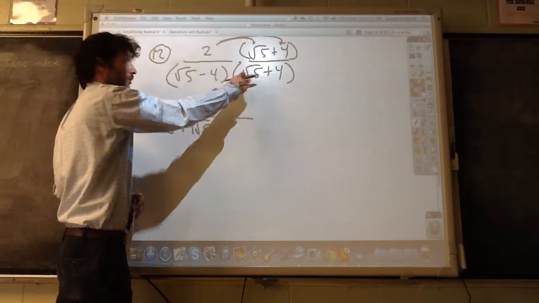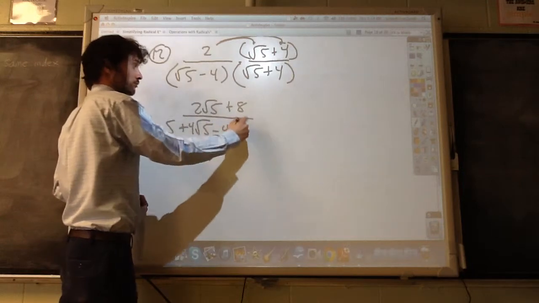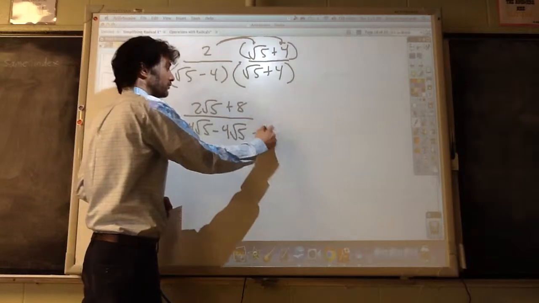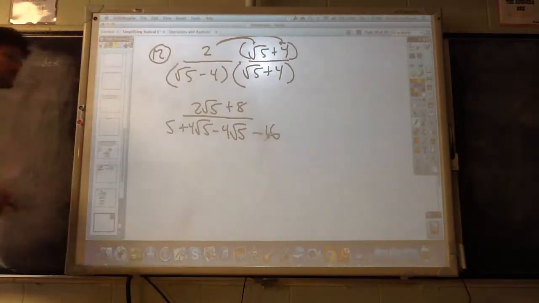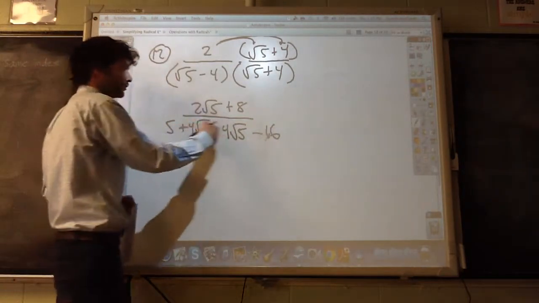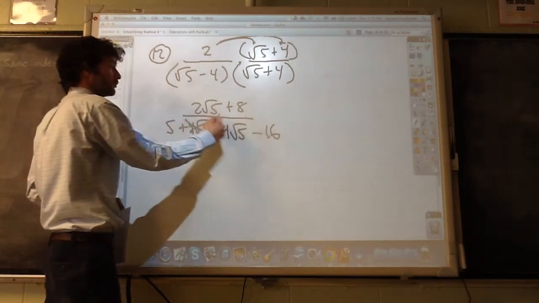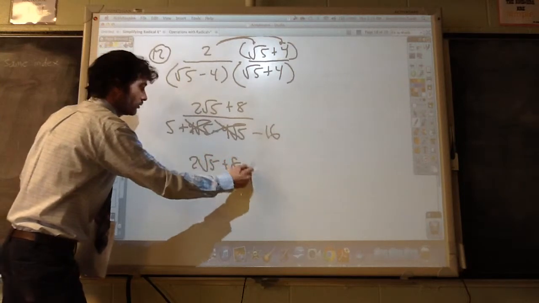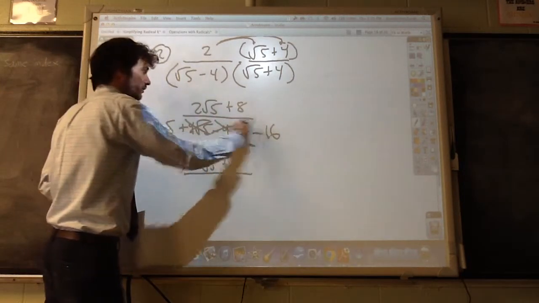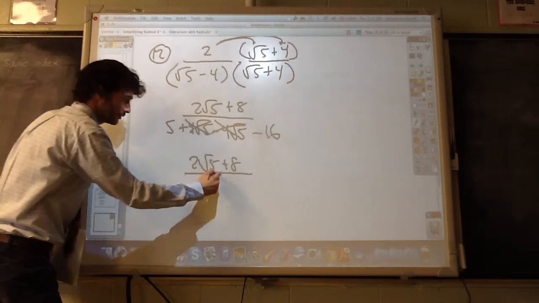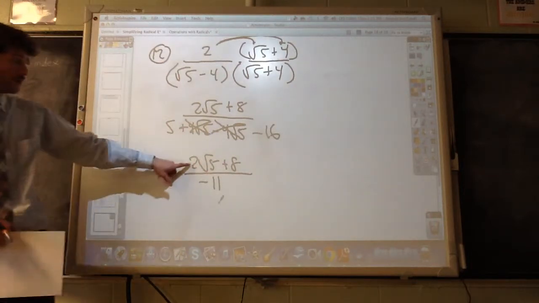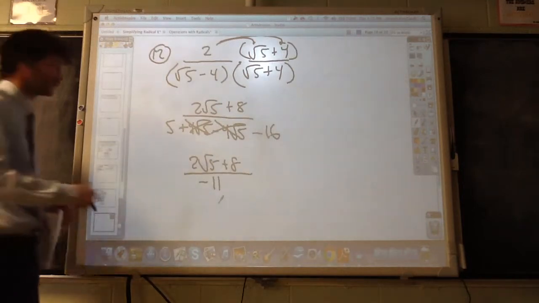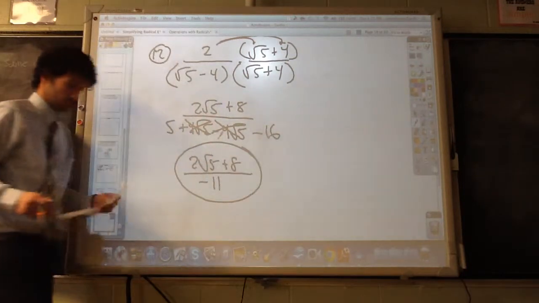Negative 4 times the square root of 5 equals negative 4 square root of 5. And negative 4 times 4 equals negative 16. The two in the middle match but are opposite, so they cancel. Keep the top as it is for now. Do 5 minus 16. That's negative 11. And there's no number that goes into 2, 8, and 11, so there's no way for me to simplify this. And that's it. That's all I can do.